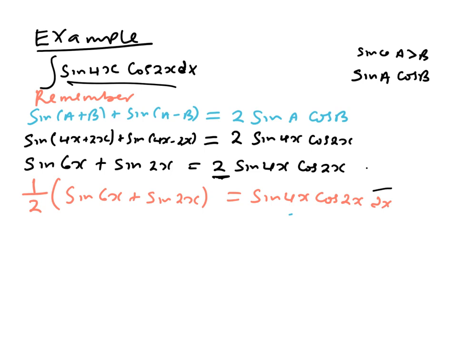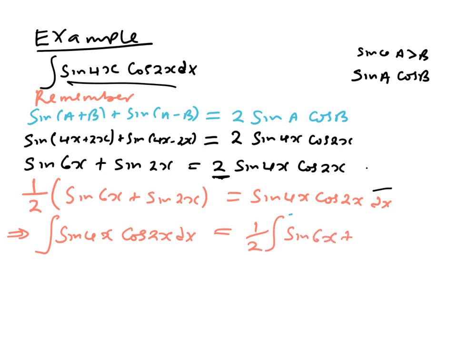So what does that mean? It means that if I integrate sine 4x cosine of 2x dx, then it will be the same as integrating half of sine 6x plus the sine of 2x dx. So what do we end up with? Let's write the answer. Remember, integrating a sine, you get negative cosine.